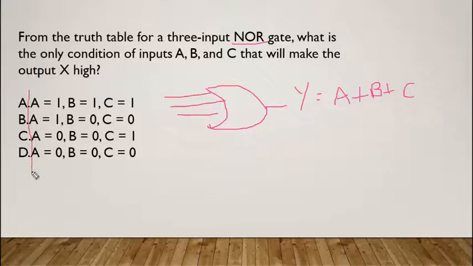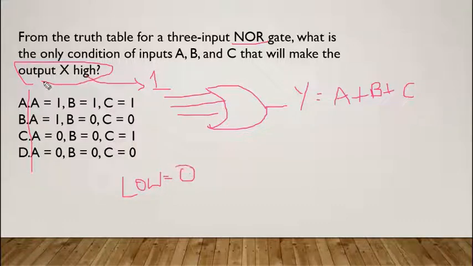They have already given the signals for A, B, C. By looking at the options, we need to put A, B, C signals such that the output must be high. High is nothing but 1 and low is nothing but 0. So remember this: to make the output high, we need to select the option that makes this condition high. We know that y is equal to A plus B plus C complemented.